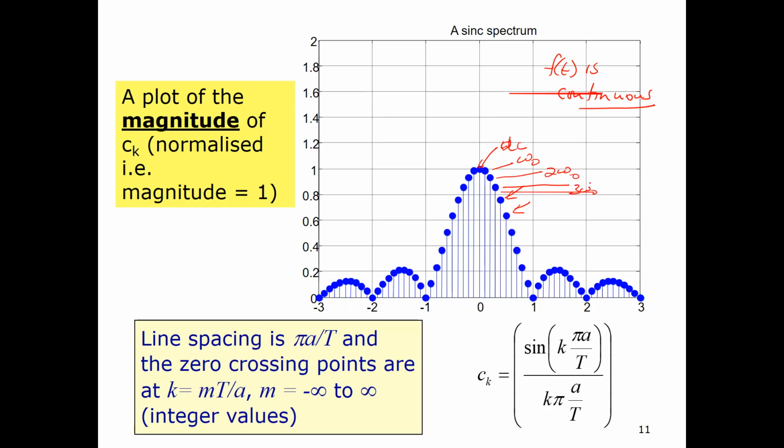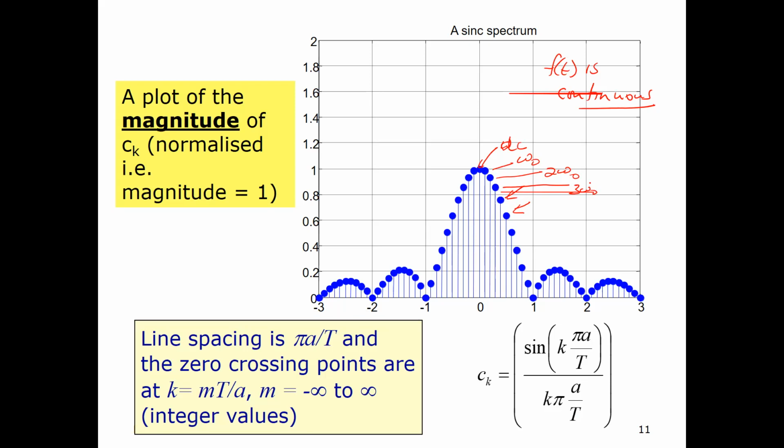So an important thing is that for the Fourier series, and the complex exponential Fourier series, the signal is continuous, but the spectrum is discrete. It only occurs at multiples of k. So there's nothing between DC and omega naught, nothing between omega naught and 2 omega naught.